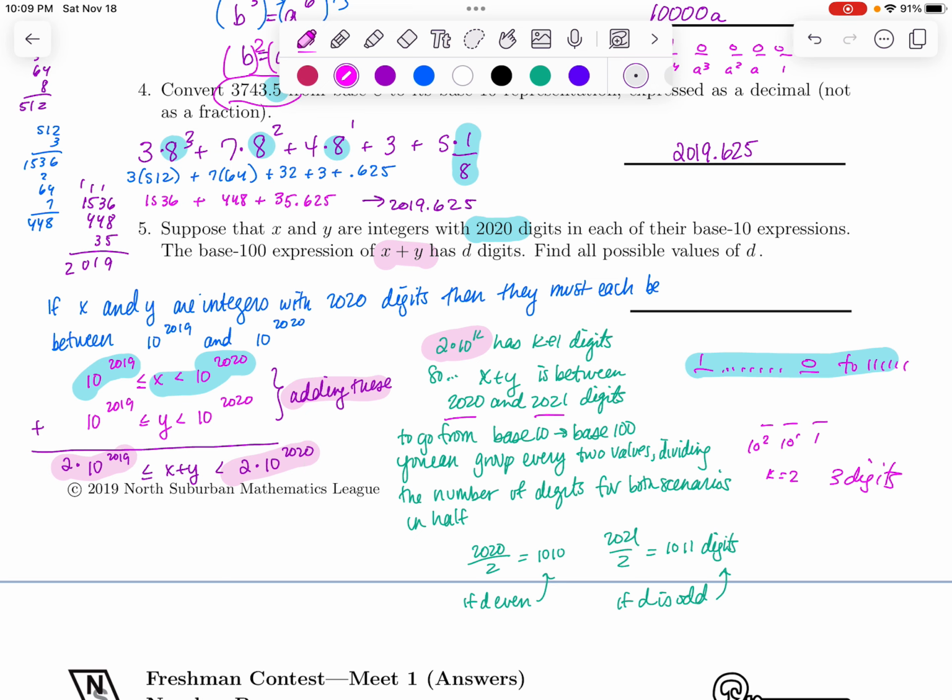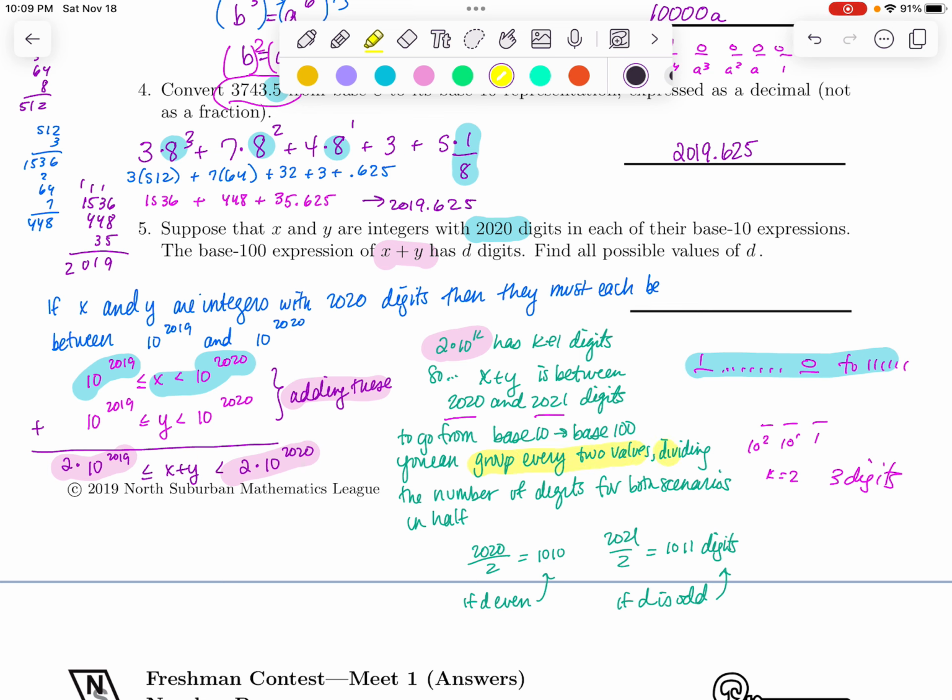So if I was going to go from base 10 to base 100, just like we saw in those example problems where we had base 9 and then went to base 3 and saw that we could double the number of digits, if I'm going from base 10 into base 100, I am going to essentially take every 2 digits and replace them with 1 digit, because 10 times 10 equals 100, so 2 tens digits equal 1 hundreds digit. And so I can go through here and group these. We're going to group every 2 values.